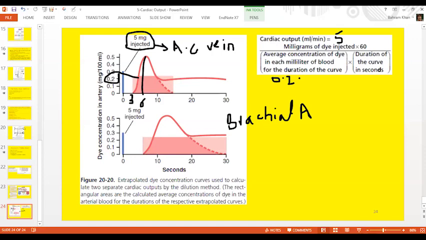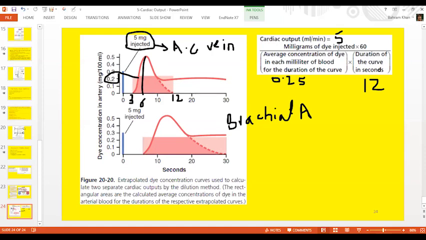We will multiply it with the total duration of the curve, which is around 12 seconds. So we will multiply it with 12, and this is the formula. We can apply this formula to measure the cardiac output in any individual.